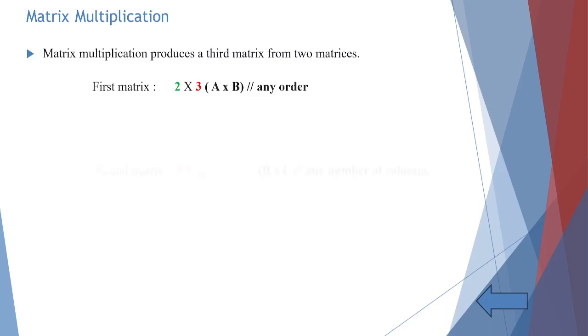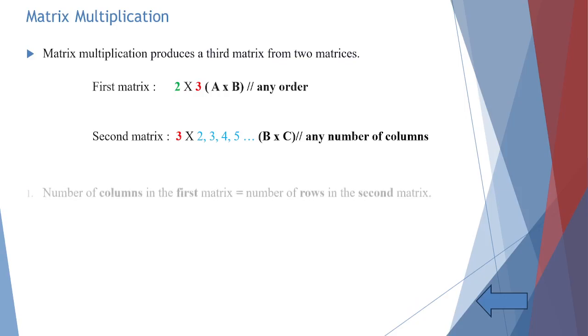Then the second matrix must start with 3, that is, the number of rows is 3, by any number of columns. A by B, B is the number of columns in the first matrix, and B by C, B is the rows in the second matrix. The 3 must be common.